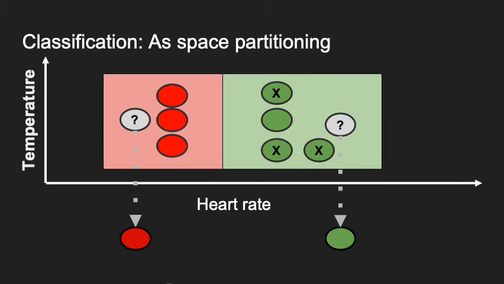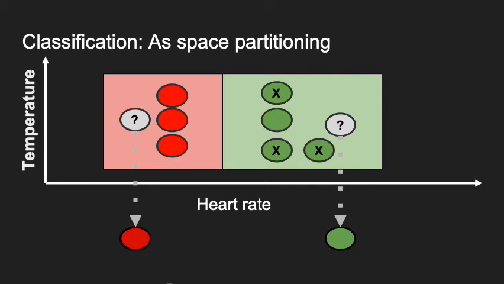KNN also allows us to introduce the concept of decision boundaries or space partitioning. This is a general concept for all classification algorithms. We can see that in the case of KNN, because if you have a new point, represented by the gray points on the figure, the class given to that point is always defined by the k nearest neighbors of that point.